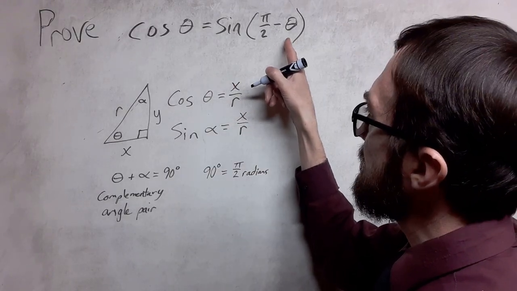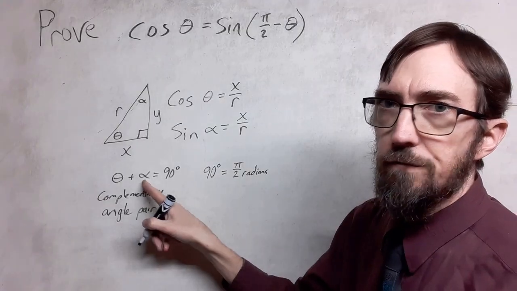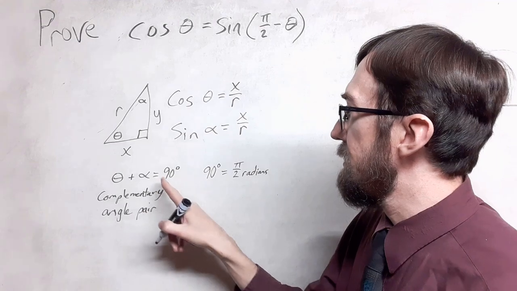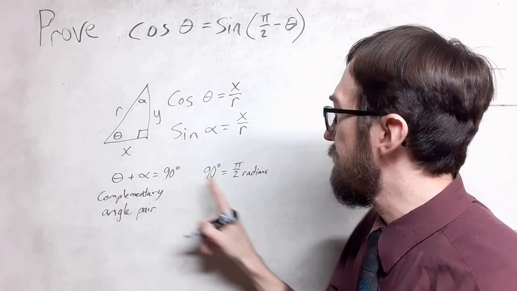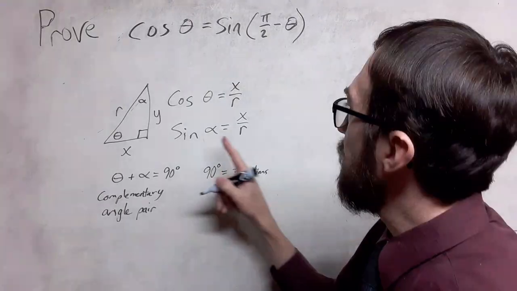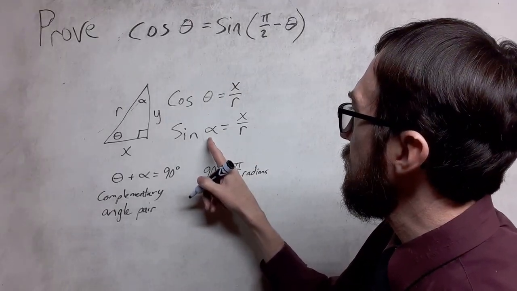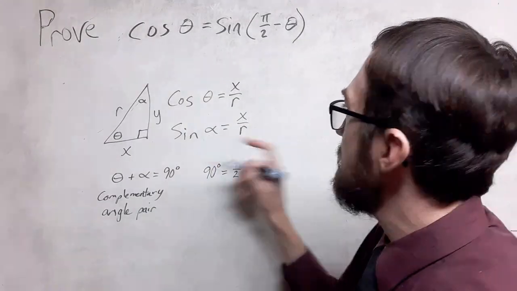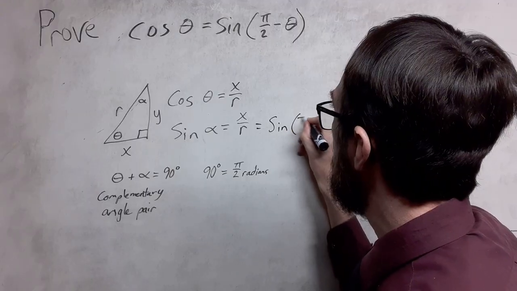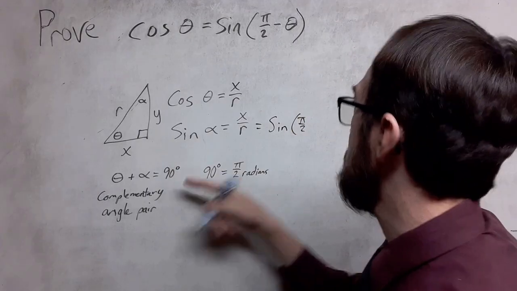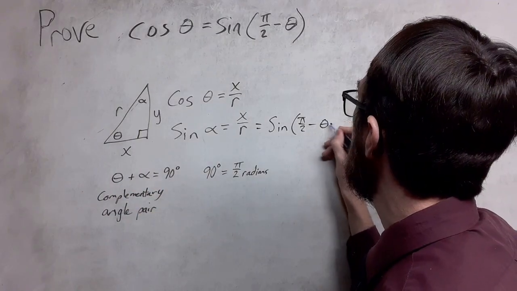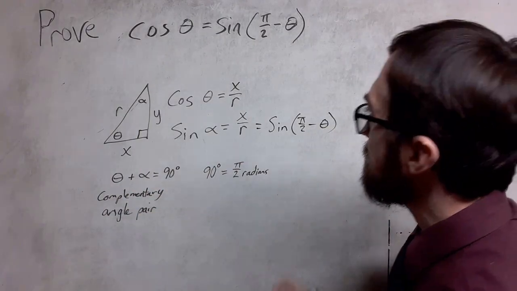Pi halves minus theta has to be alpha. If you subtract theta from both sides of this equation, you have 90 minus theta is alpha, and again, 90 degrees is pi halves. So we can make a substitution here with alpha: this is the same as saying the sine of pi halves, again, this is 90 degrees if you're used to degrees, minus theta has to be alpha.